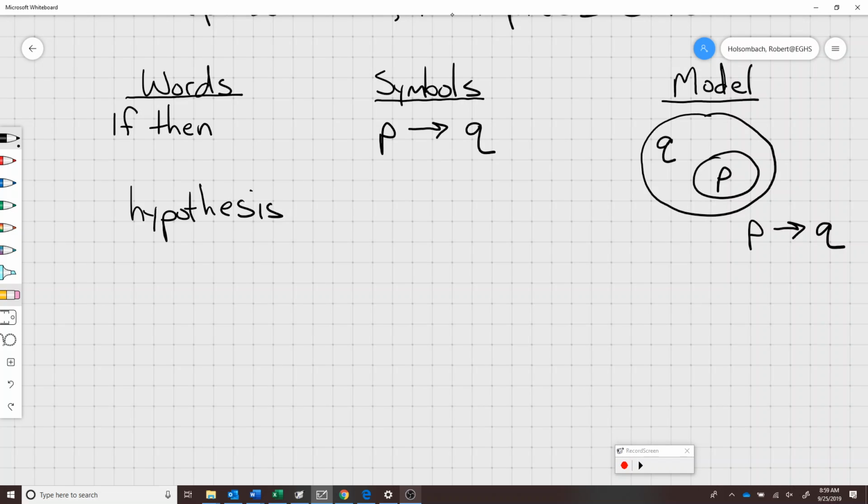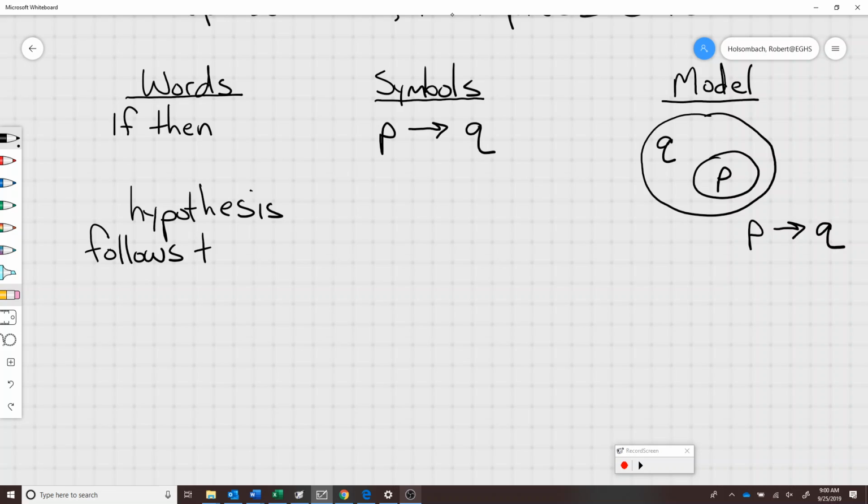The hypothesis. The hypothesis of a conditional statement follows the if. All right? The symbol for the hypothesis is the lowercase cursive p.